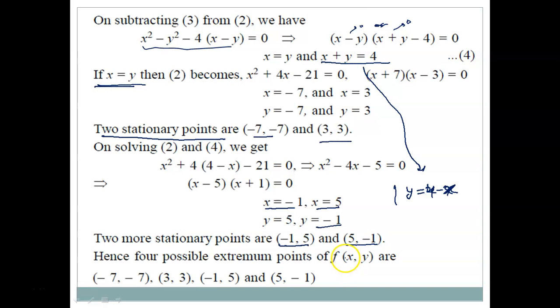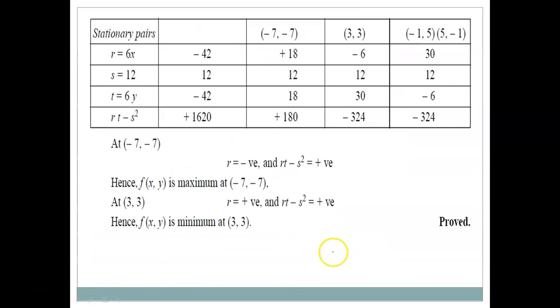So let us examine all these and we construct a table for that. We know that r is this one, s is 12 and t is 6y, then rt minus s square is what? So we have the points minus 7, 3, 3. I think some problem is there.